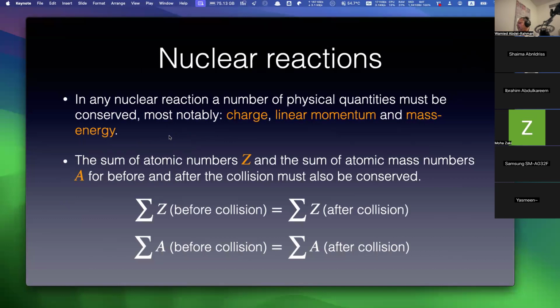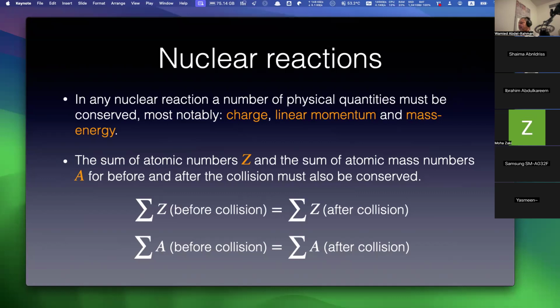So nuclear reactions: when this reaction happens, some physical quantities must be conserved. For example, the charge. If we sum the charge of the particles before the interaction, that should equal the sum of the charges of the particles produced after the interaction.